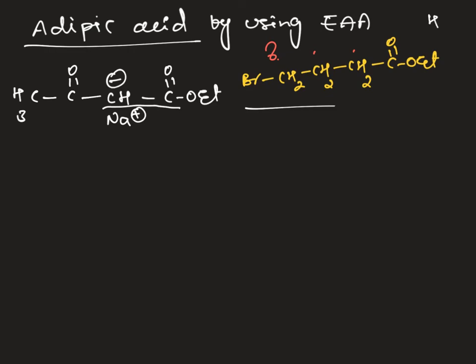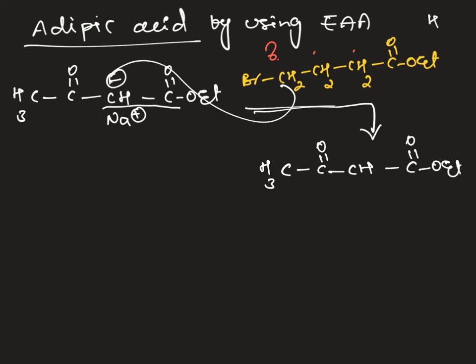When we react with the sodium salt of ethyl acetate, we get a substituted product. I am writing here CH3 C double bond O, CH COOEt, and this will go and attack this carbon, CH2 CH2 CH2 COOEt, followed by acidic hydrolysis.